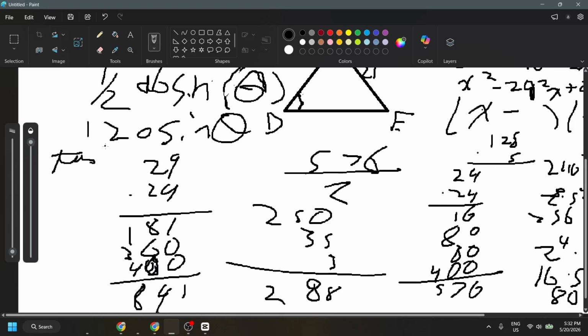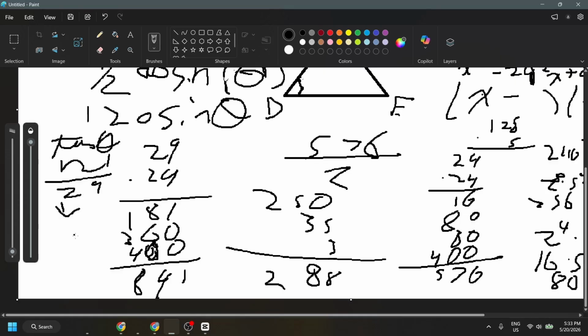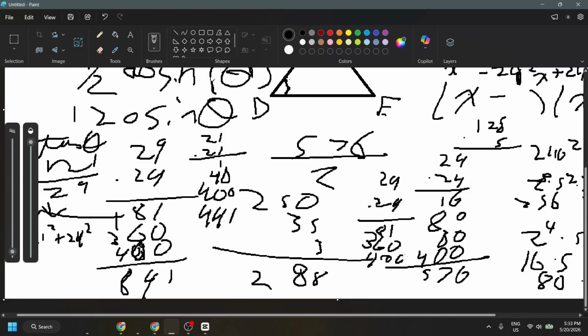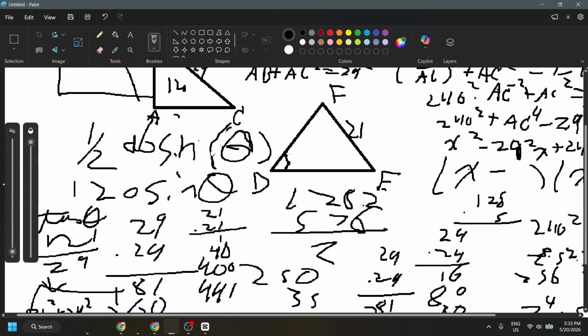So I'm gonna say tangent of theta is 21 over 29, which means that, SOHCAHTOA, I guess 21 squared plus 29 squared, square root of that. 21 times 21 is 441. 29 squared is 841. 441 plus 841 is 1282. 1282.